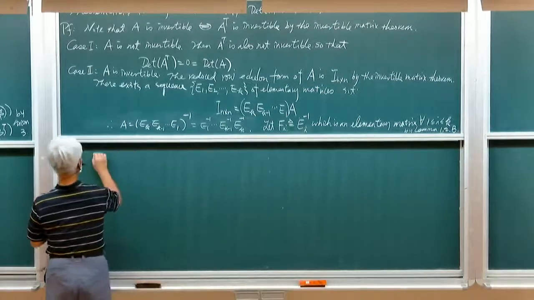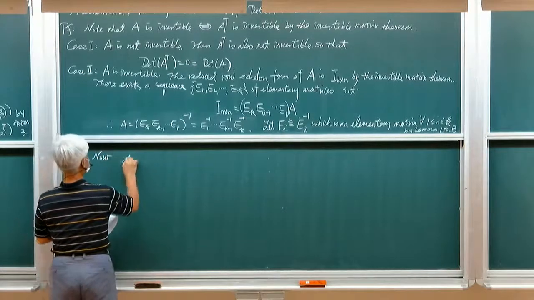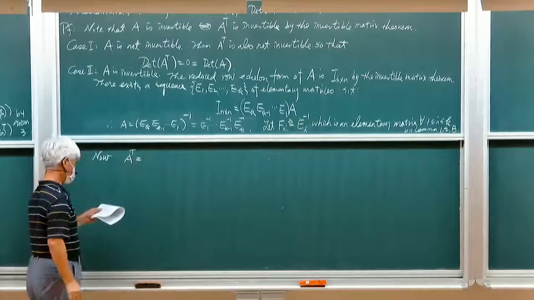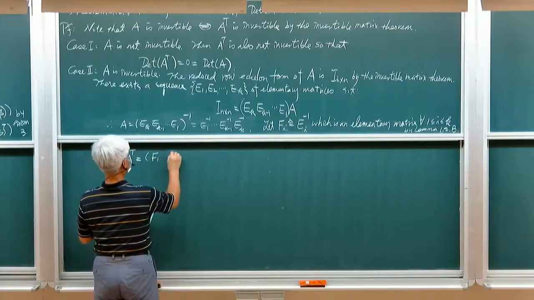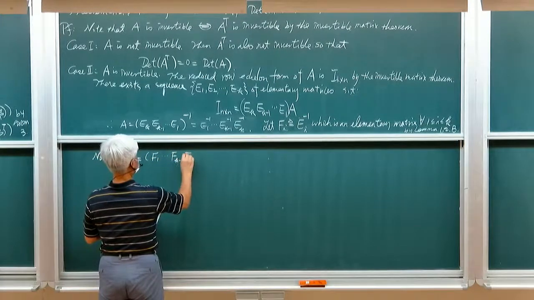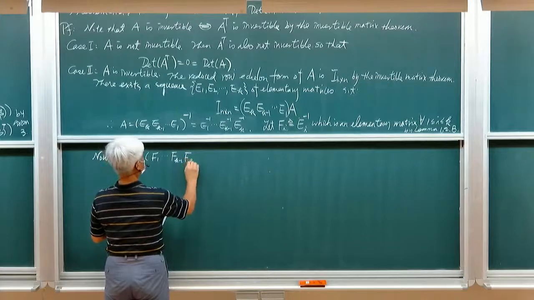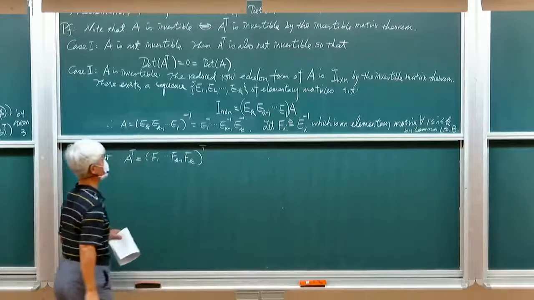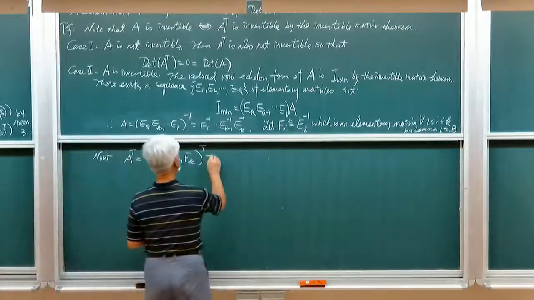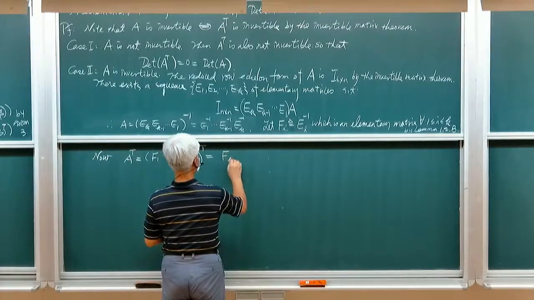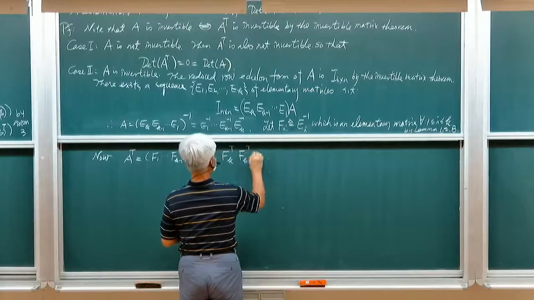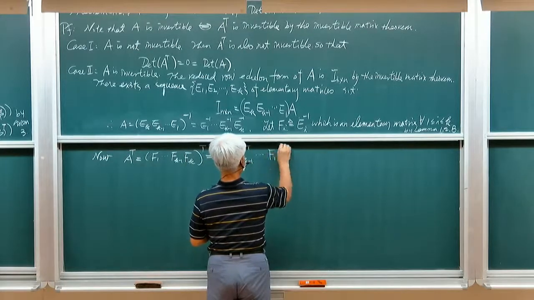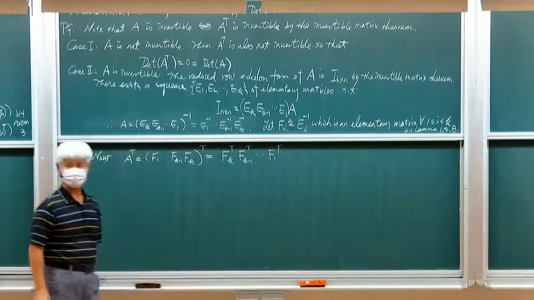All right, so now the transpose of A becomes F1, up to Fk minus 1, Fk, transposed. And we know this is Fk transpose, Fk minus 1 transpose, up to F1 transpose.